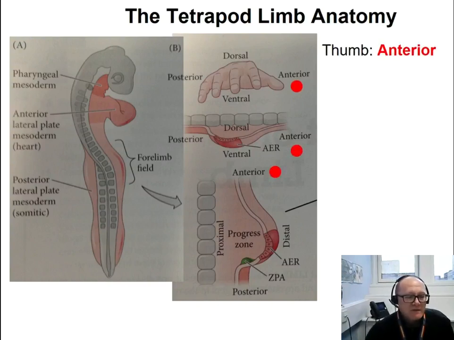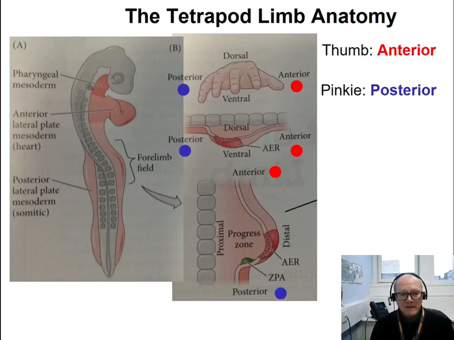So now, in this second cartoon, we can understand why the thumb, or the first digit, is actually anterior, and in the posterior is represented by the pinky. If you look at this cartoon here, which represents the budding out of the limb, you see that this budding out of the limb has an anterior region and a posterior region along the anterior-posterior main axis of the body.